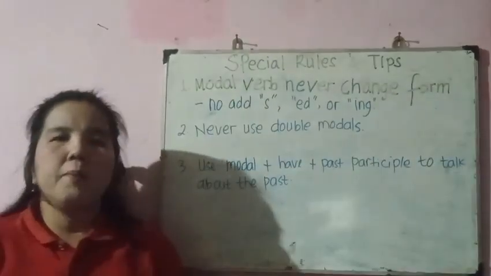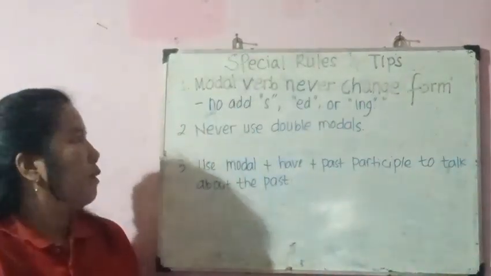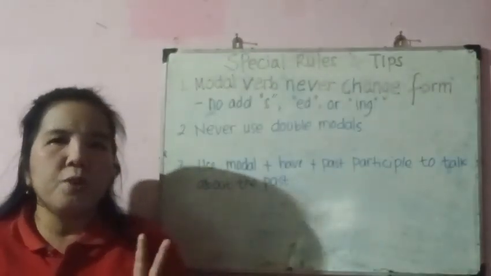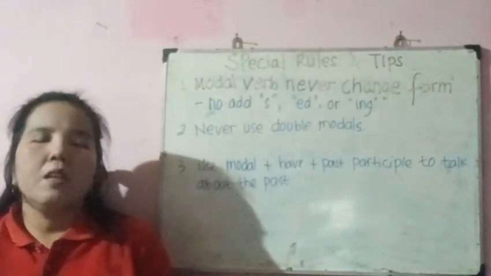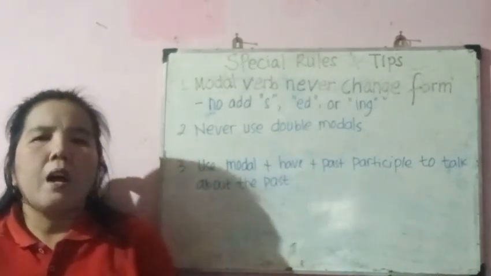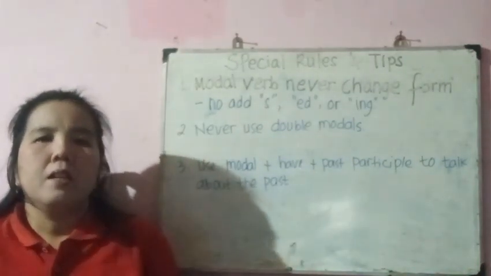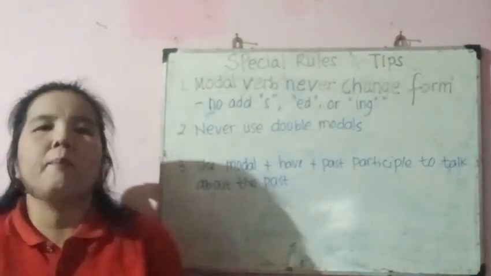The second tip is never use double modals. In English, we never use two modals together. That's called a double modal, and it's incorrect. For example, "I might can help you" is incorrect. The correct one is "I might be able to help you."